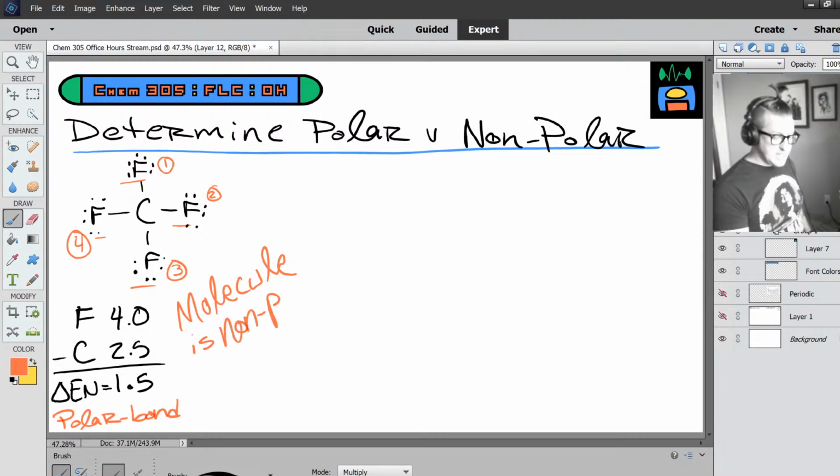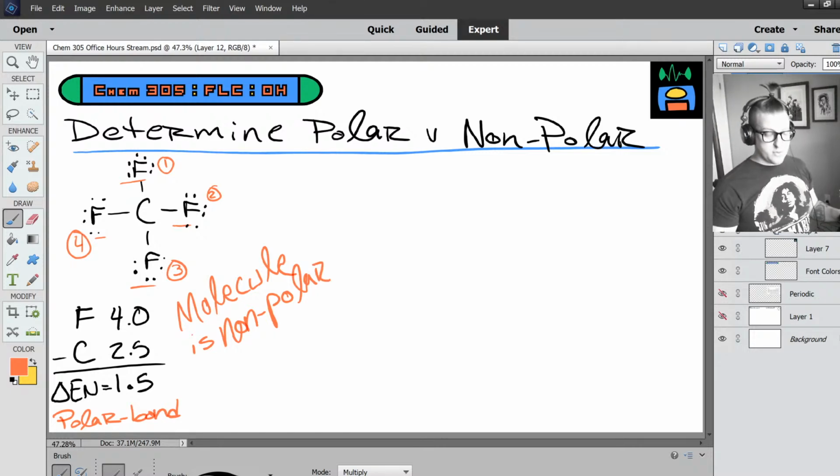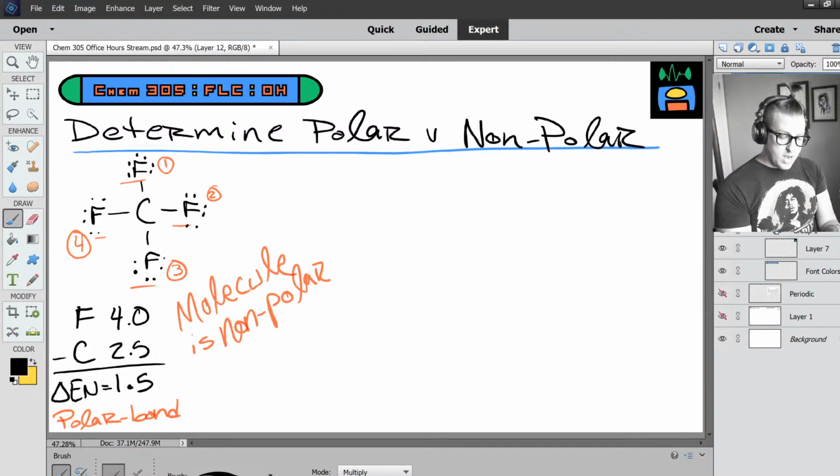When you have the same atom at every position around your central atom, they all cancel each other out. So even though the individual bonds are polar, overall the molecule is nonpolar. When you swap, let's just put one fluorine with a hydrogen.